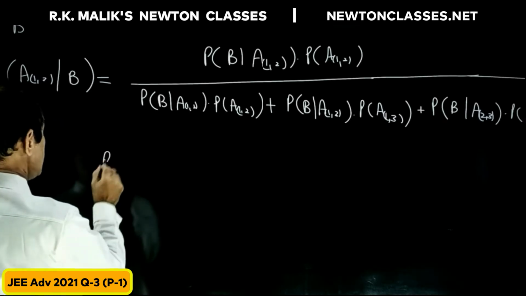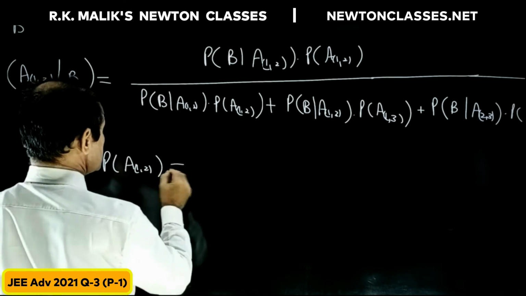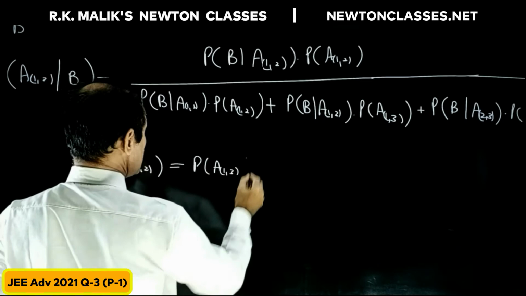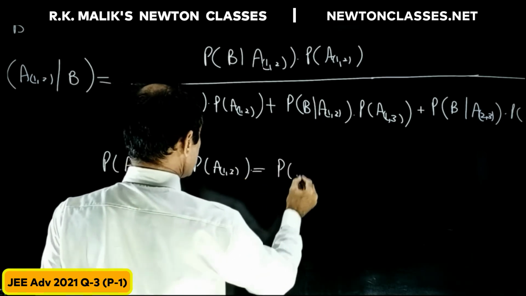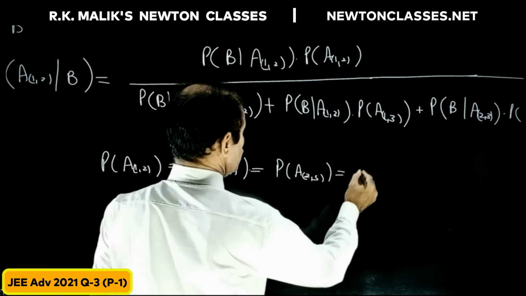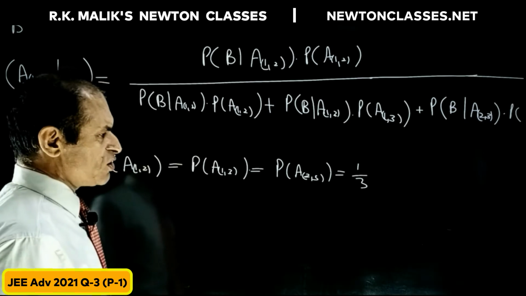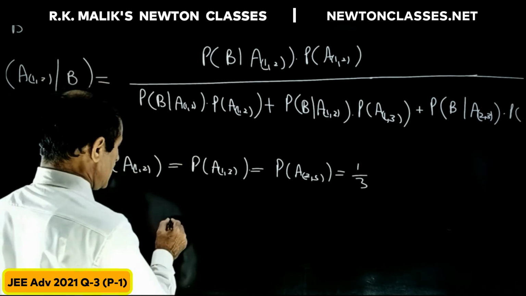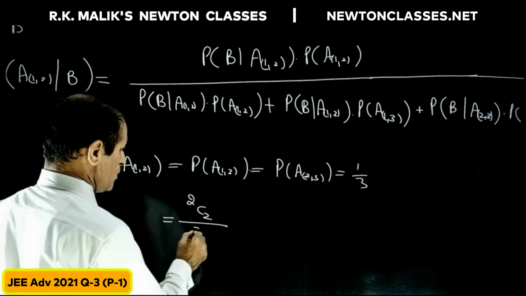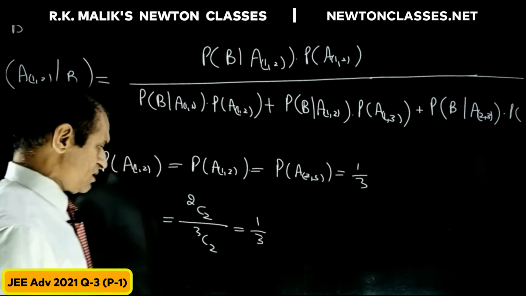It is clear that P(A12) is equal to P(A13) equal to P(A23) equal to 1 by 3. It is not difficult to see because each of these is equal to 2C2 upon 3C2, that is 1 by 3.